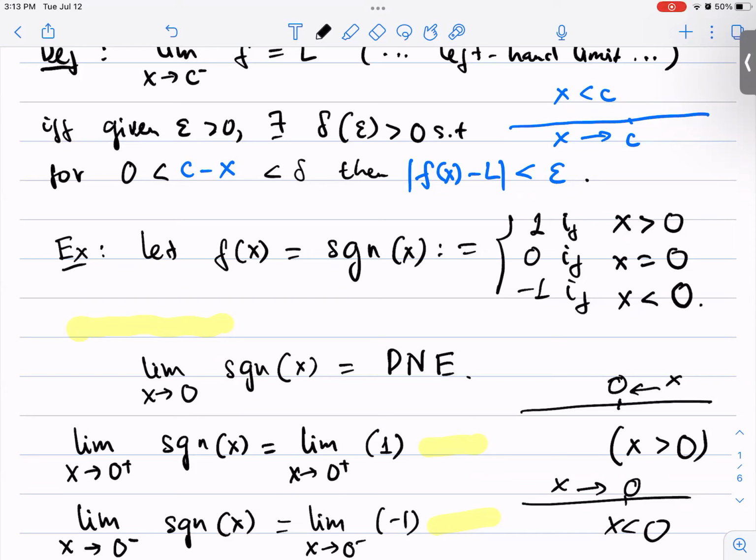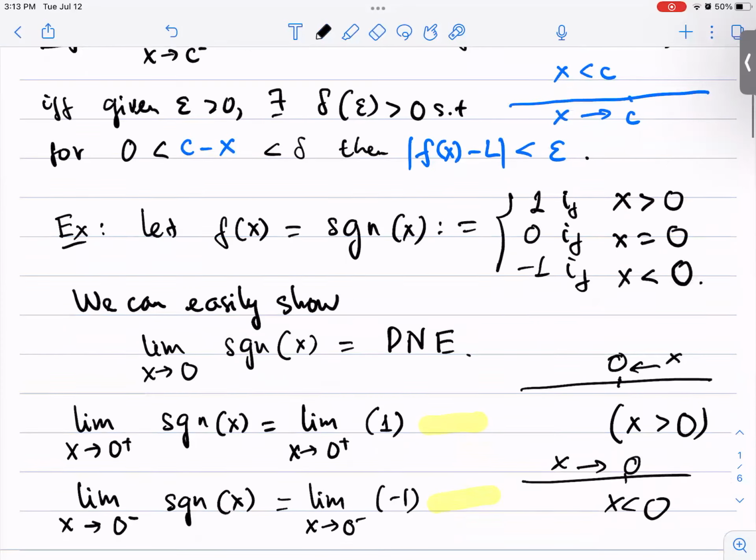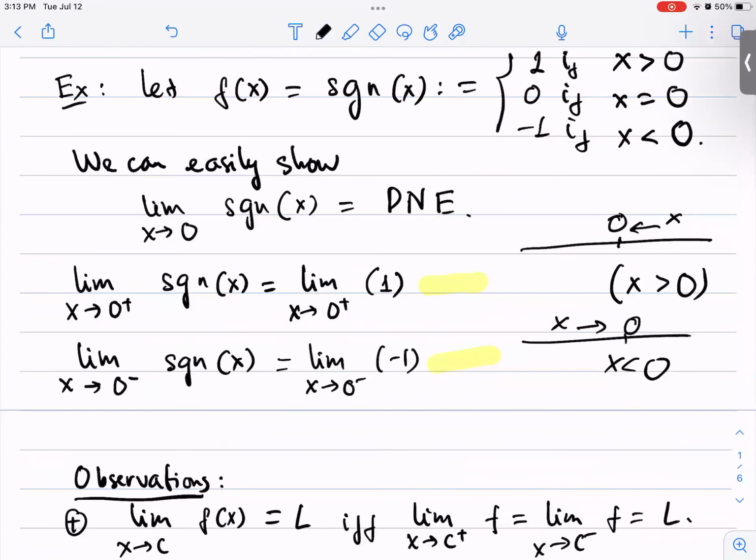We can easily show that the limit of this function in general doesn't exist. However, when we consider one-sided limits, then certain one-sided limits of this function exist.